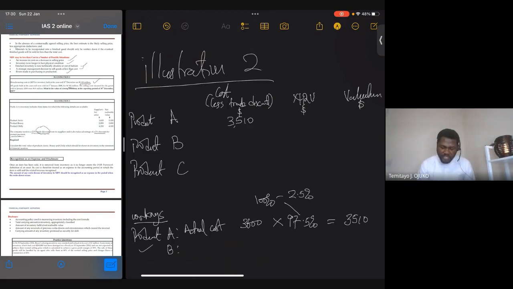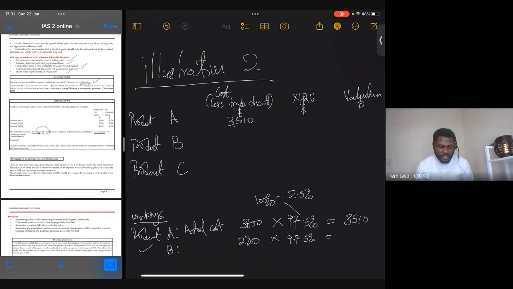Product B, actual cost automatically becomes what? We are saying it is 2,900. Same principle applies because it said that for all the products, they get a 2.5% discount. 97.5%. So let me get my calculator. 2,900, then it's 97.5.